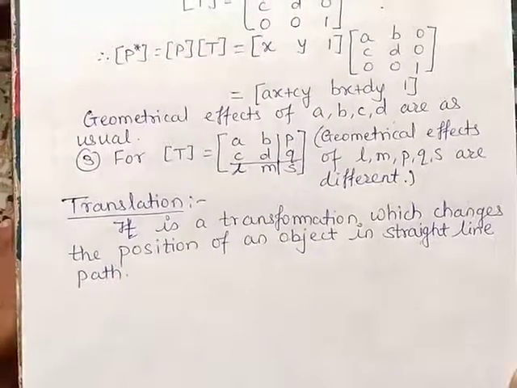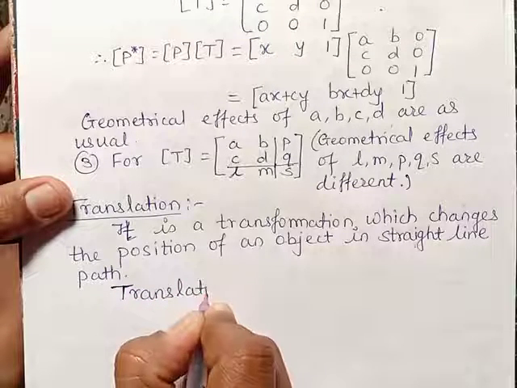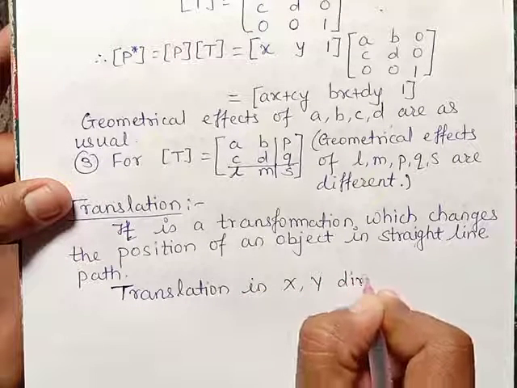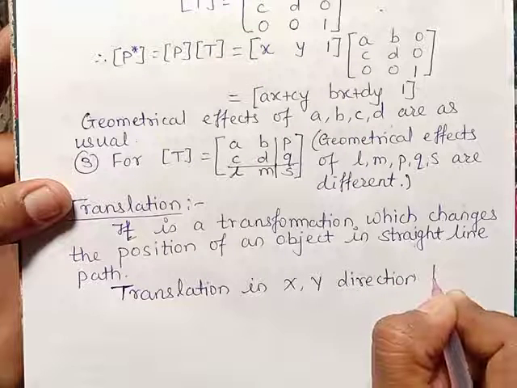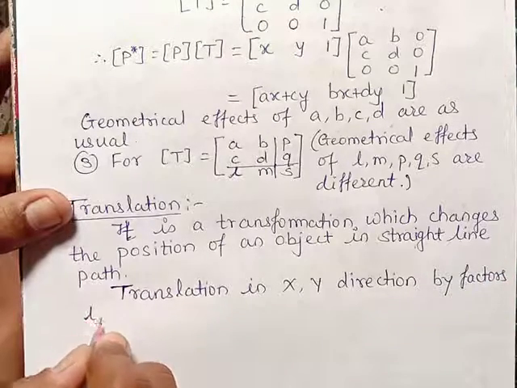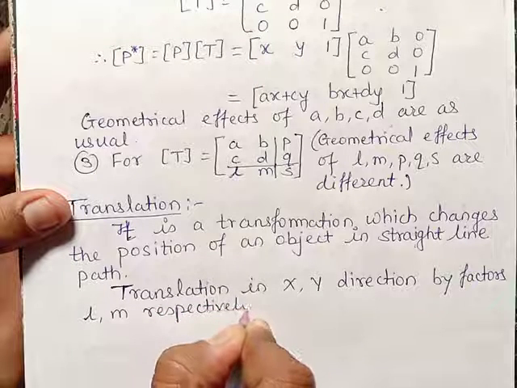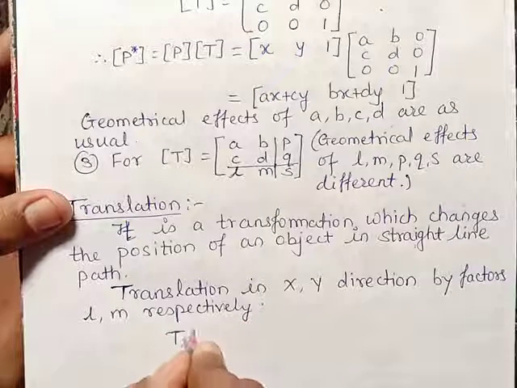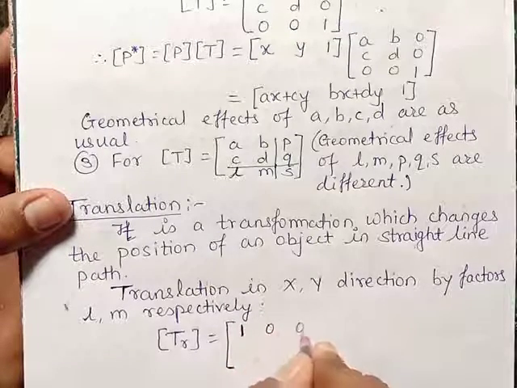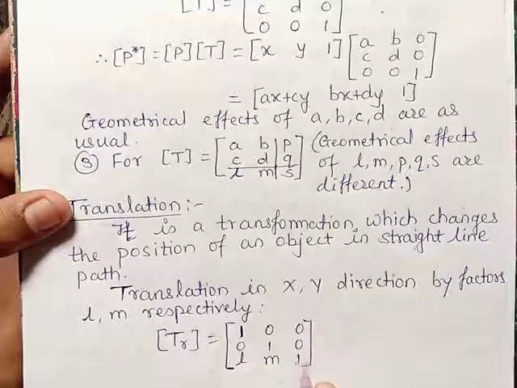Now, translation in XY direction by factors L, M respectively, that matrix will be, translation matrix can be written as 1, 0, 0, 0, 1, 0 and L, M, 1 as such.